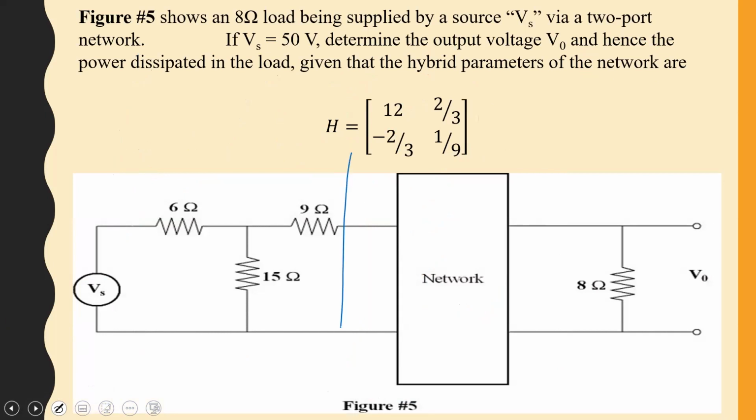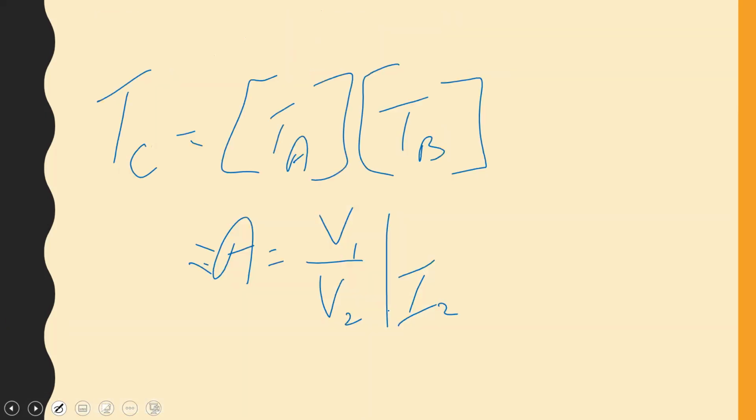So for this network, you'd have V1, you'd have I1, you have I2, you have V2. All right? So with respect to V2 and V1, V2 would be equal to, what was that, 15?